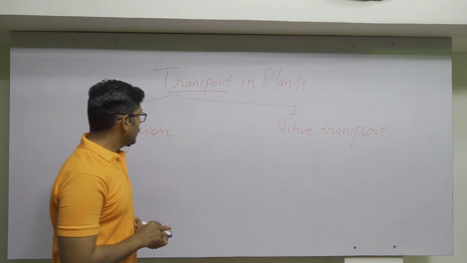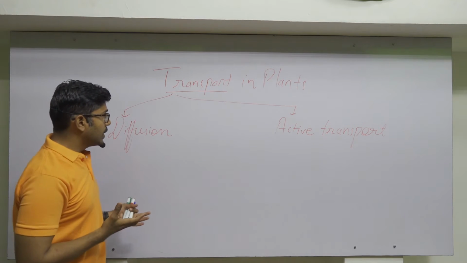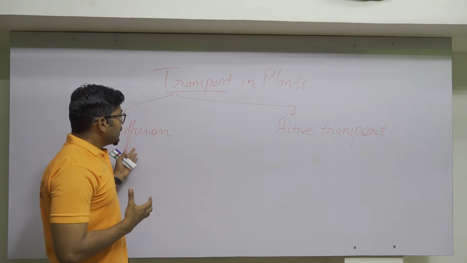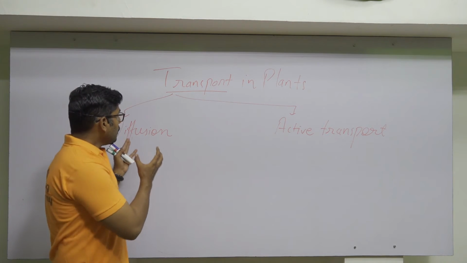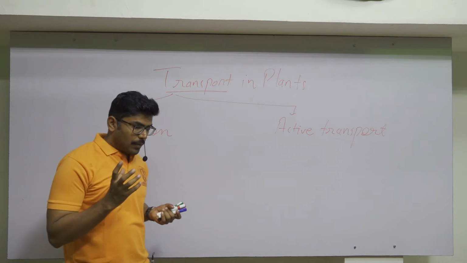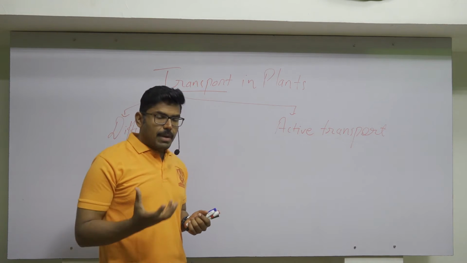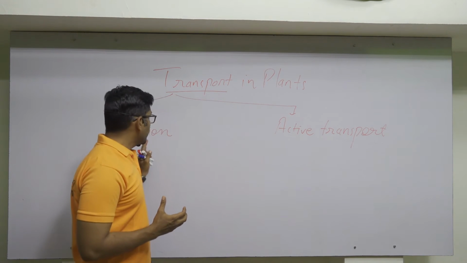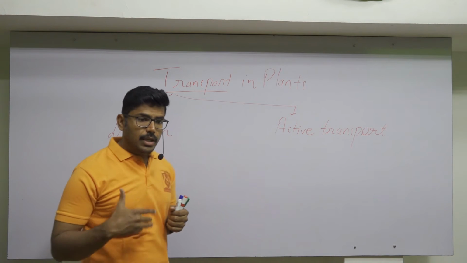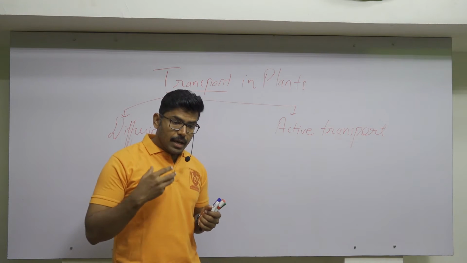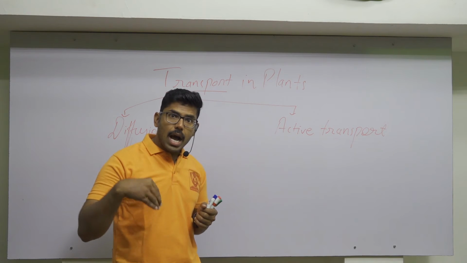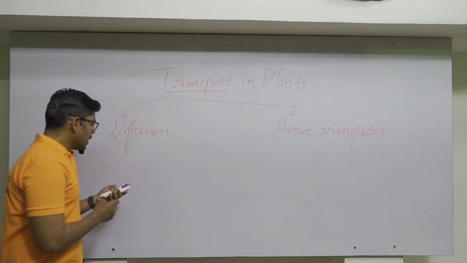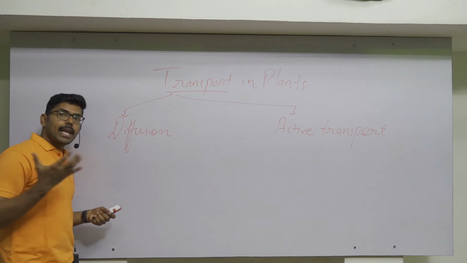These are the two methods by which the plant transports from a nearby location. Diffusion and active transport do the transportation either inside the cell, outside the cell or nearby the cell. What is the difference between diffusion and active transport?